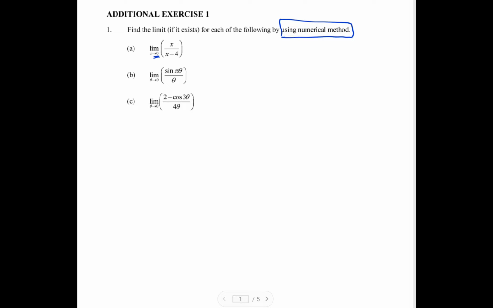When we talk about solving using the numerical method, we must choose at least 3 numbers from the left of the value of x, in this case x equal to 0, and then 3 numbers from the right.